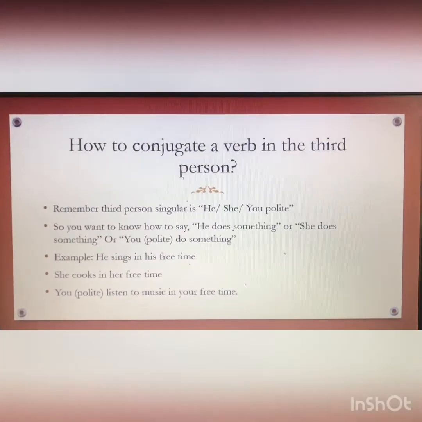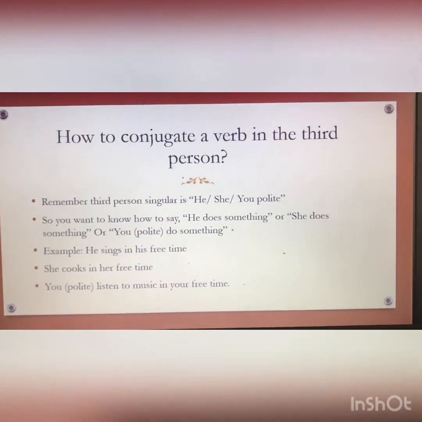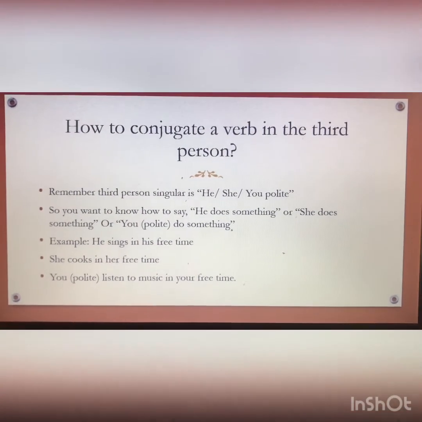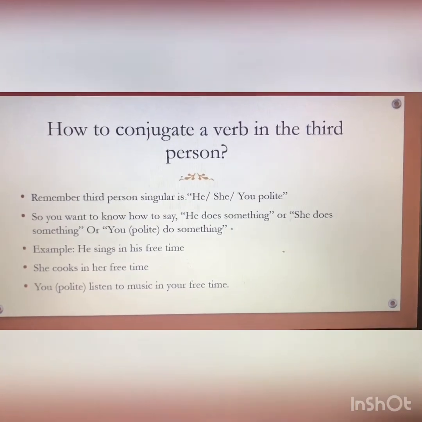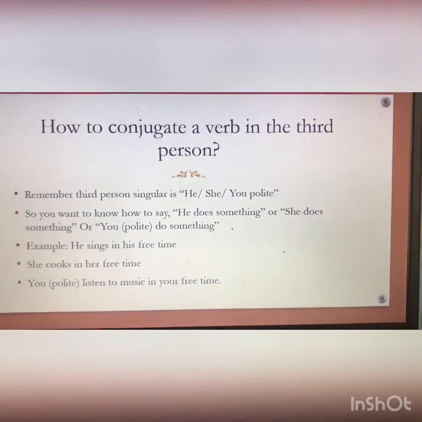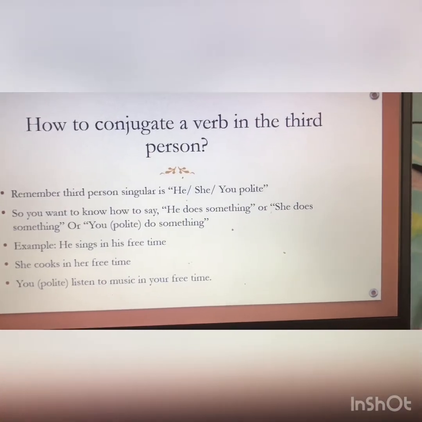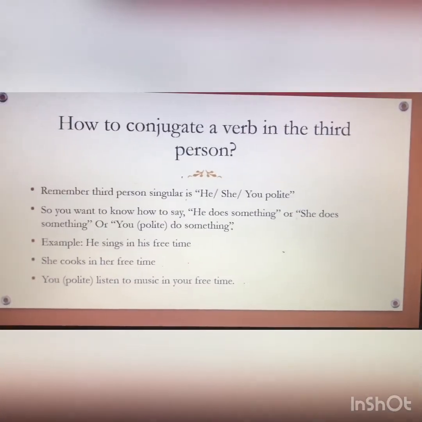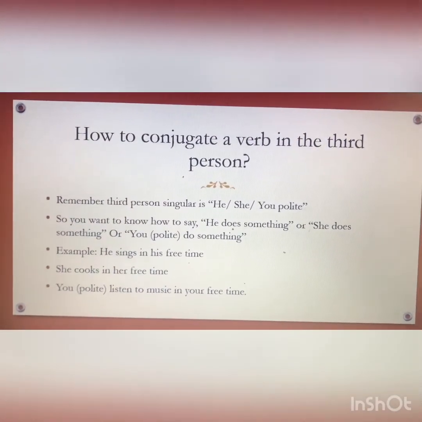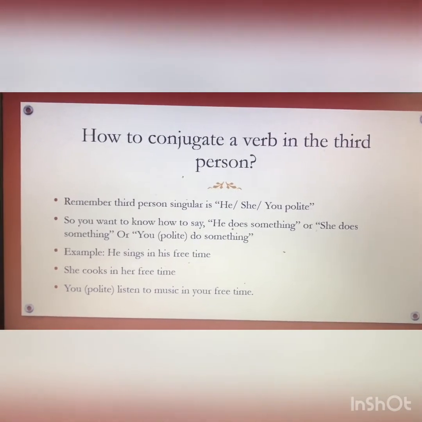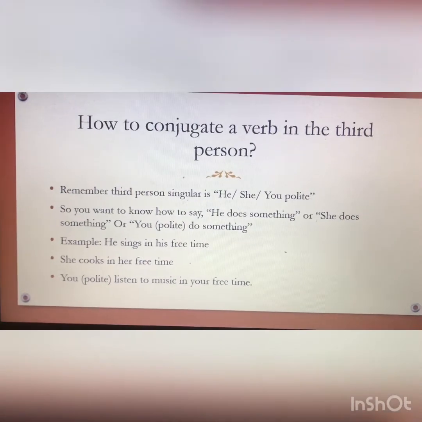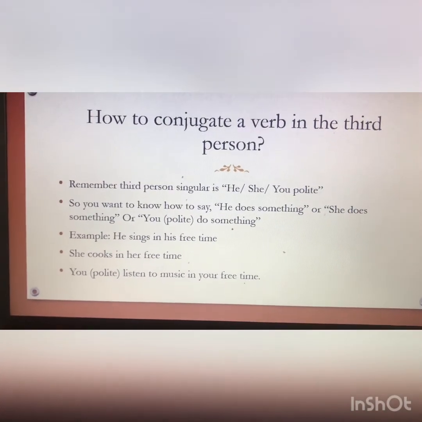But how is it that we conjugate a verb in the third person? Remember we said that the third person means he, she, or the you polite. So we want to know how we would say he does something, or she does something, or you, but the polite form, do something, right? So he sings in his free time, she cooks in her free time, you, the polite form, listen to music in your free time.